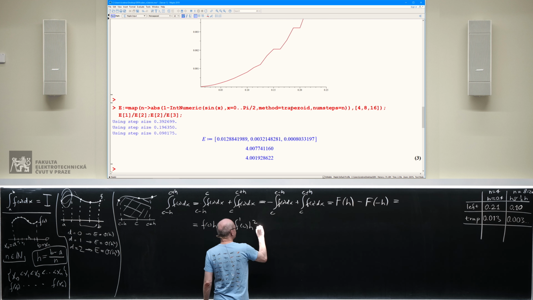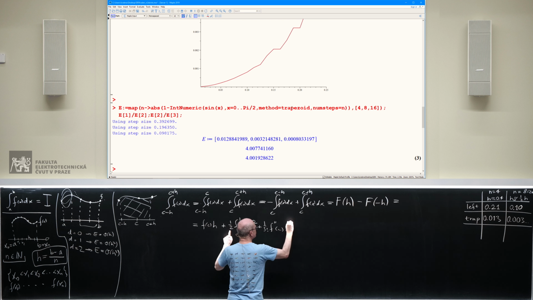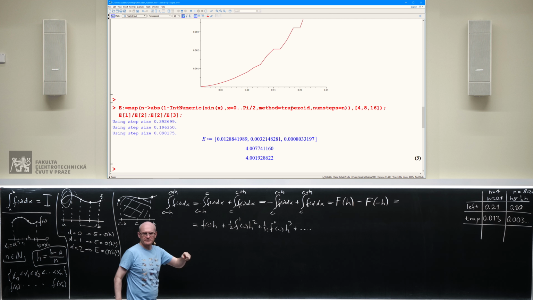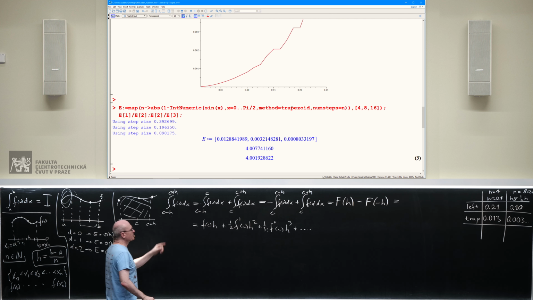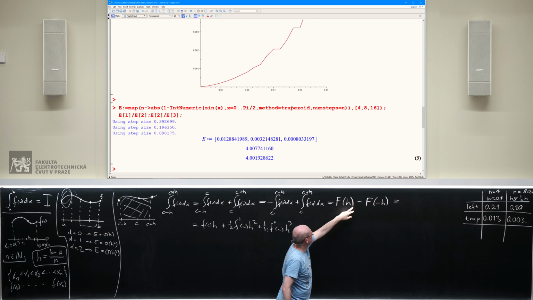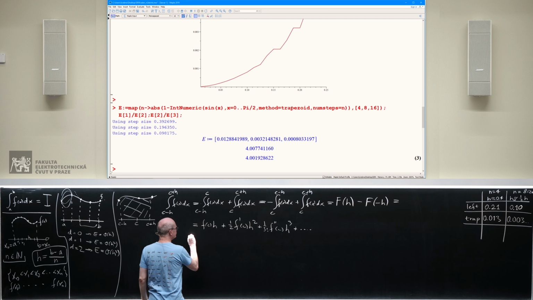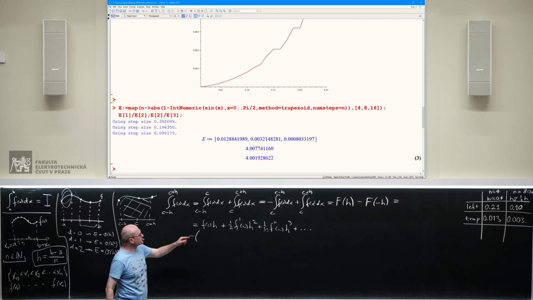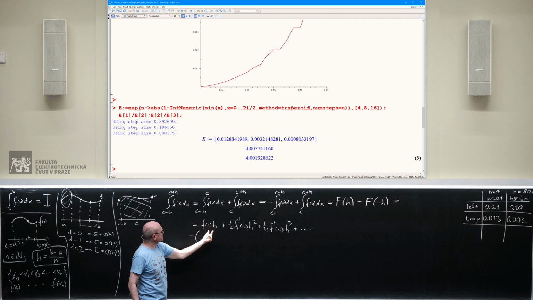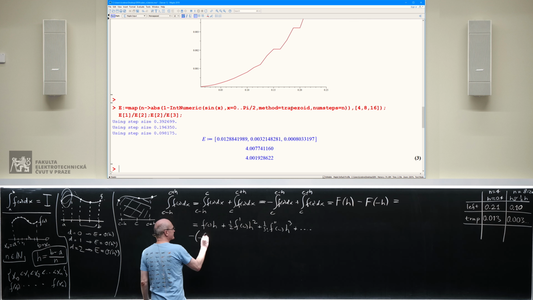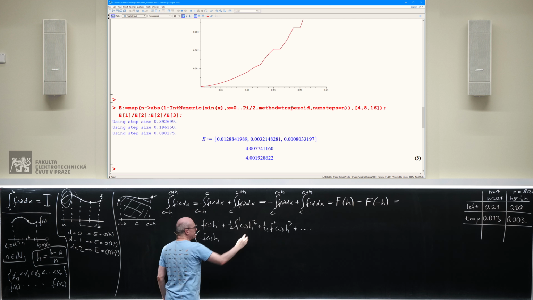That's how it was. Plus 1/3! f''(c)h cubed, and so on. And I will actually have to carry it for longer, unfortunately. Anyway, what we are doing now, we are subtracting. And here, we are putting the same formula, but instead of h, we are substituting minus h. So it will be minus f(c)h, because there is no power. Here is a square power, so the minus disappears. It gets swallowed up.